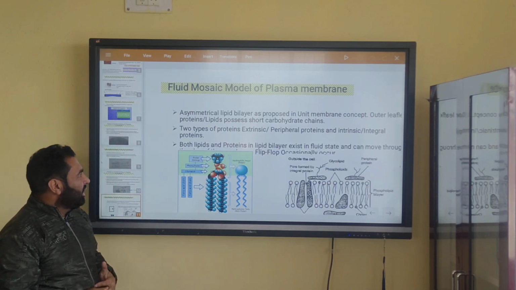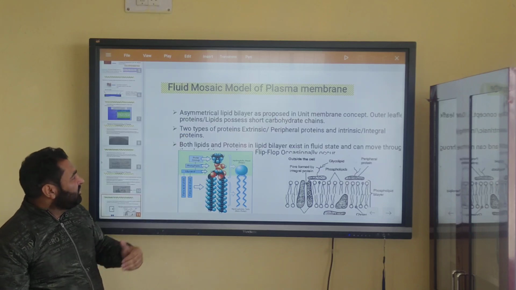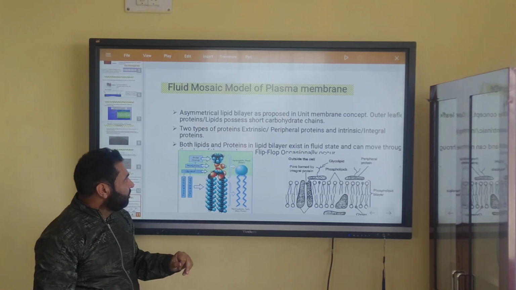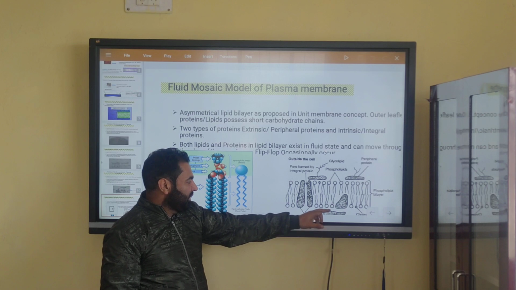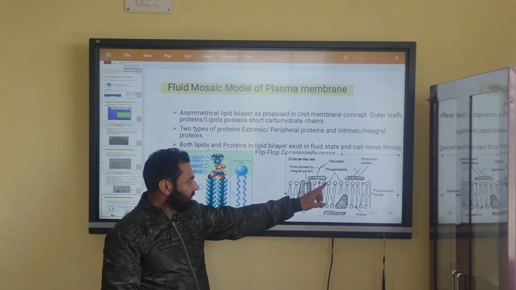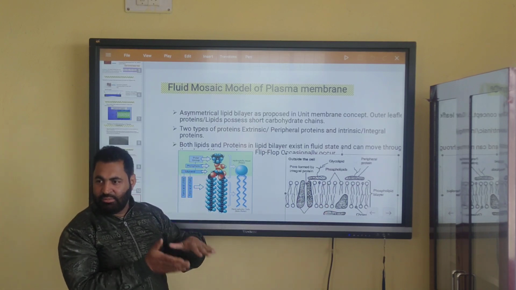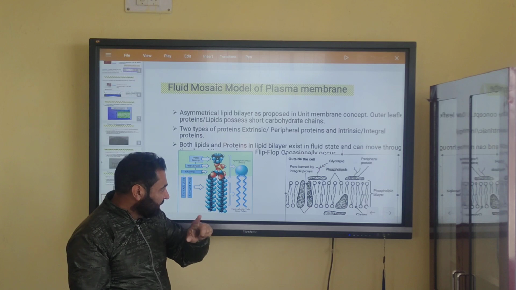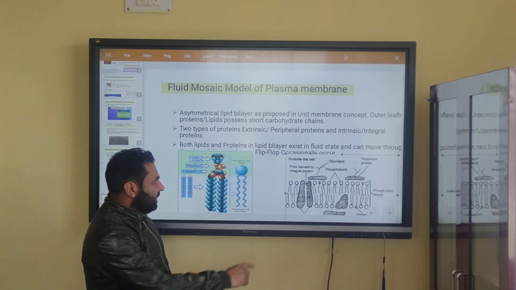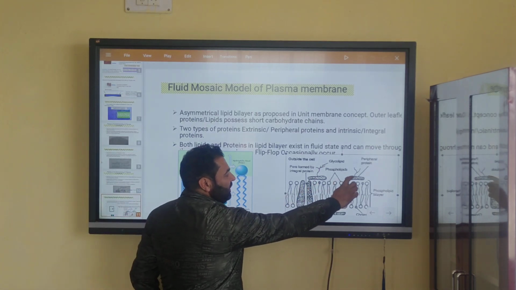According to the fluid mosaic model, it is also based on the asymmetrical lipid bilayer. Okay. The phospholipids which are present in the outer leaflet and which are present in the inner leaflet, those are different. That means asymmetry is there. But one more thing is that this is not a continuous layer of protein.